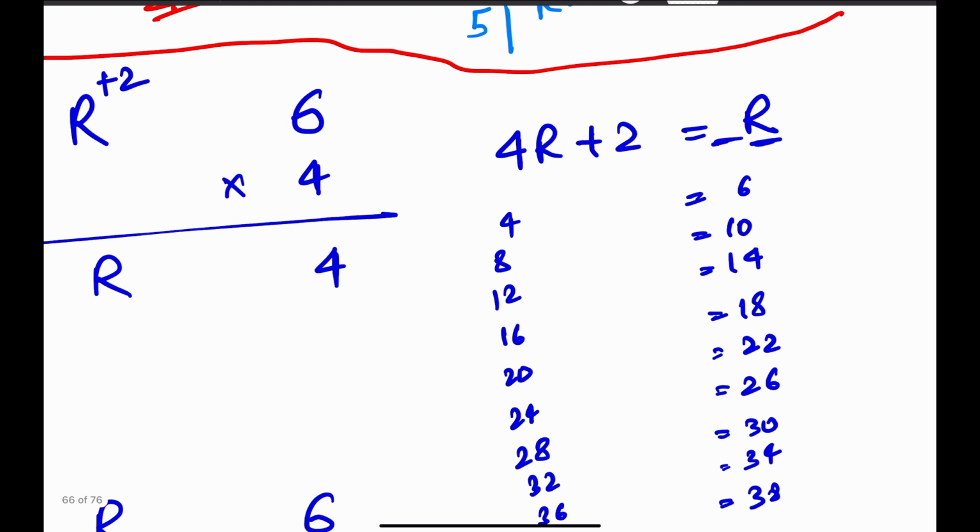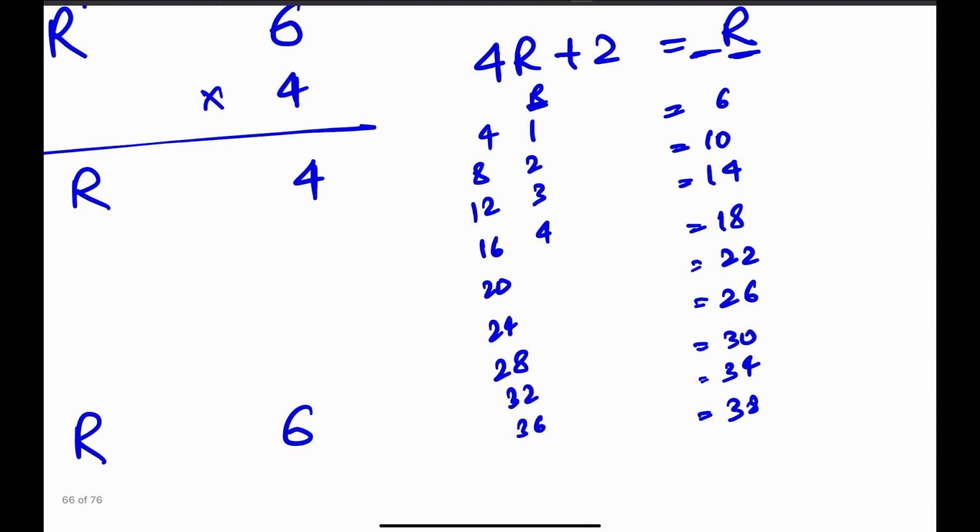So here my value of r was 1, 2, 3, 4. This is my value of r. Okay, so I can remove this because I have 4r. I can keep it also. This is 4r, this is 4r plus 2, or I should have done something else. 4r plus 2, let's bring it this side.